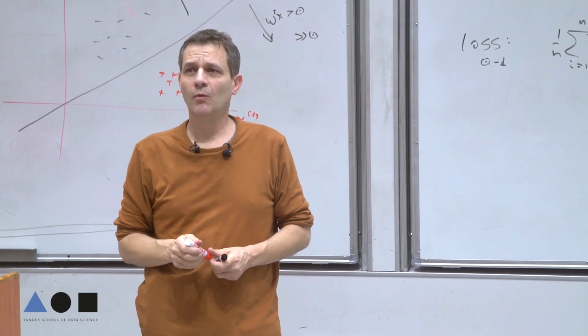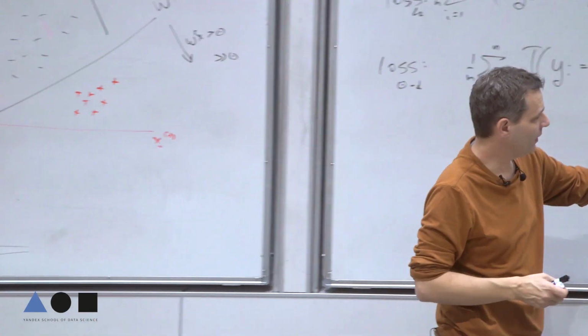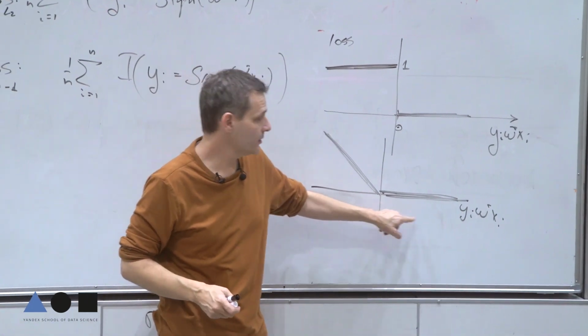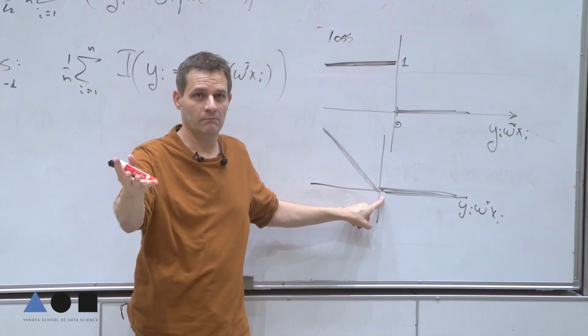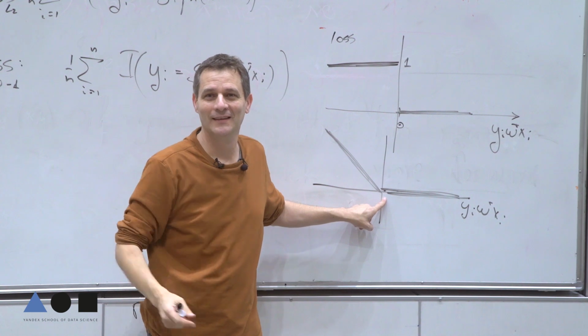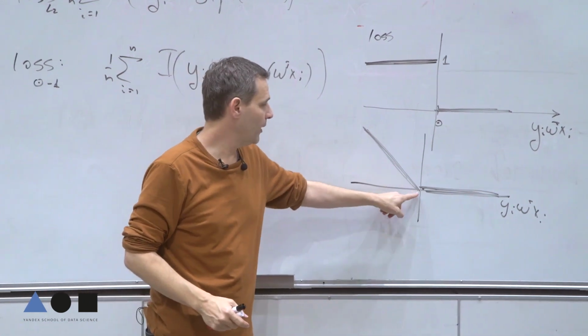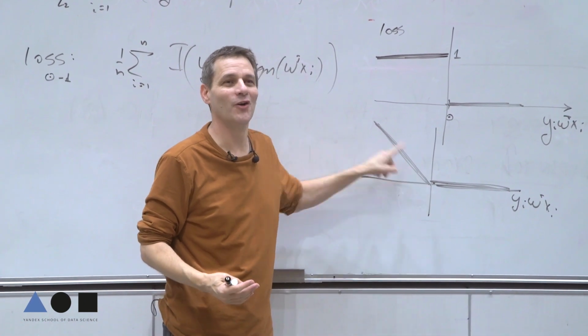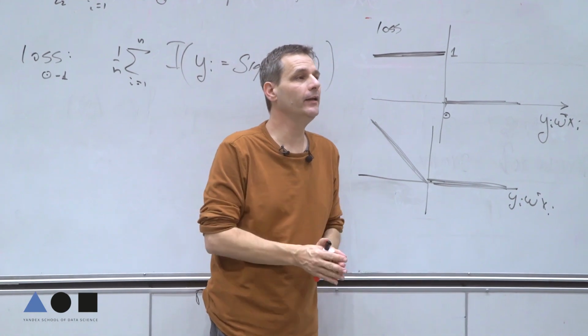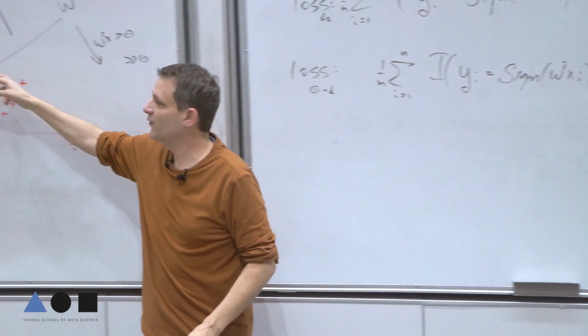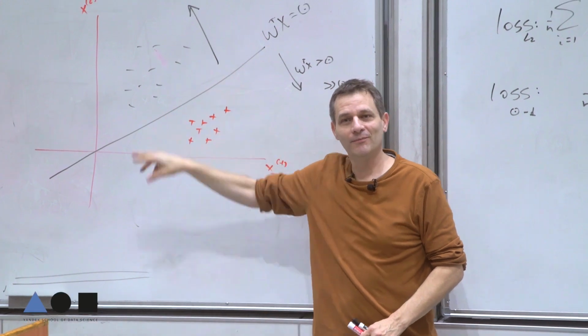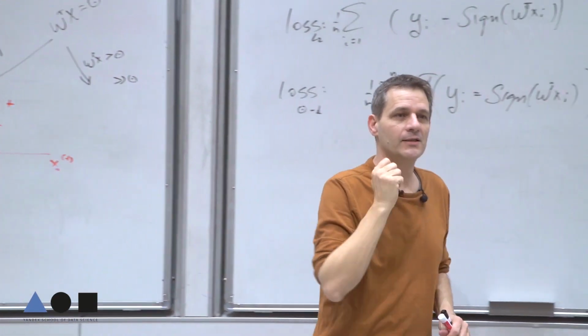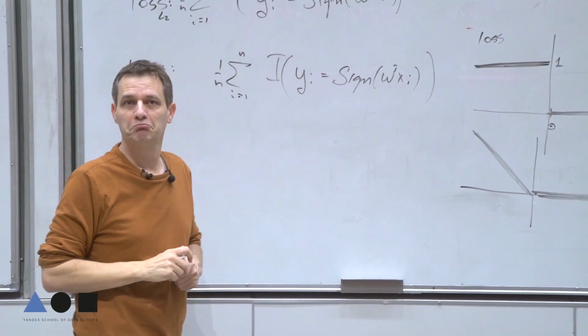Here's what this does: if you correctly classify, if this is larger than 0, you pay nothing. If you're wrong, you pay depending on how wrong you are, linearly, how far you are from the wrong side of the line, that's how much you're going to pay.